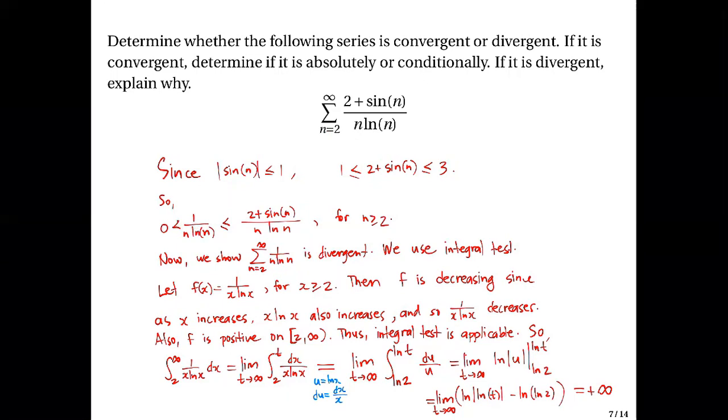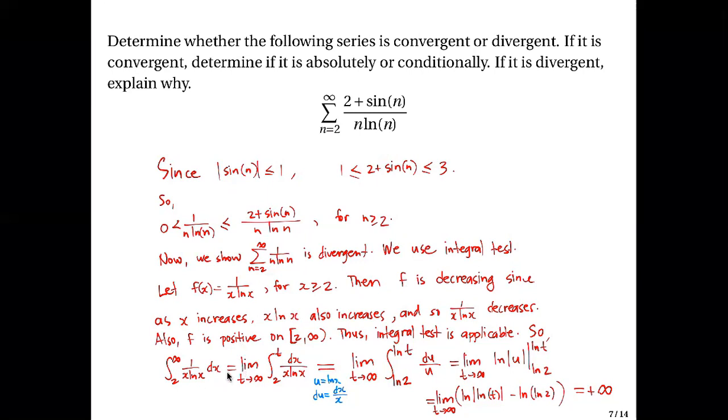Okay? And to show that this is divergent, we've done this a lot of times, we need to use the integral test. So, we show all the conditions to apply the integral test. We have the decreasing part and we have positivity.